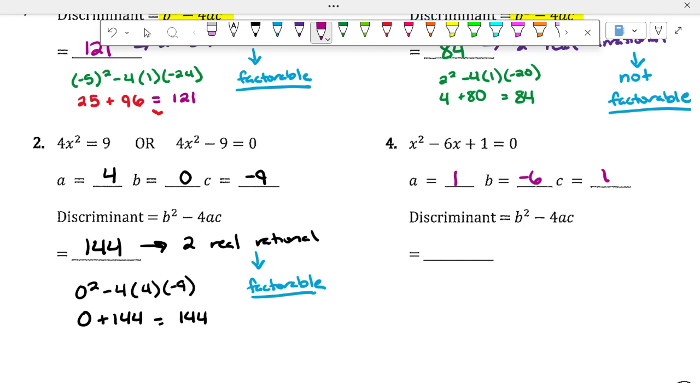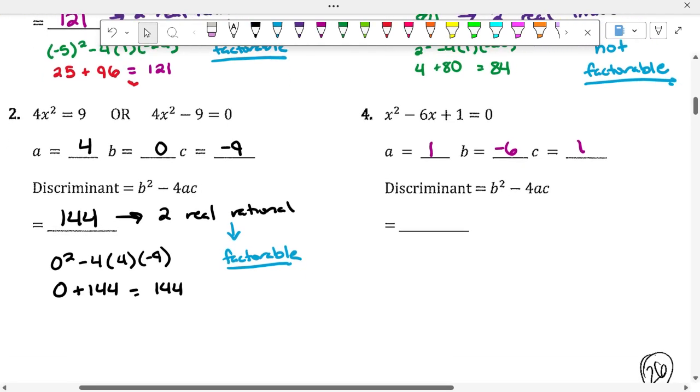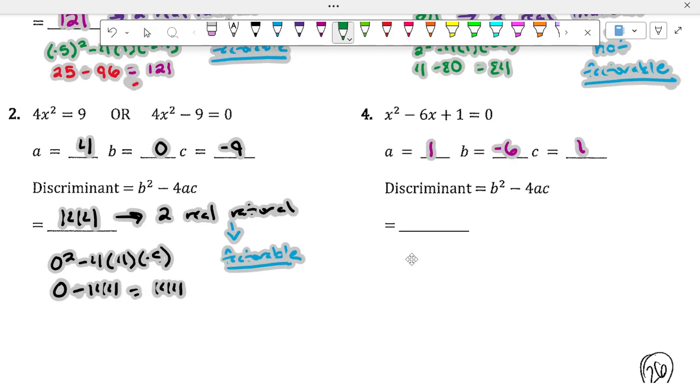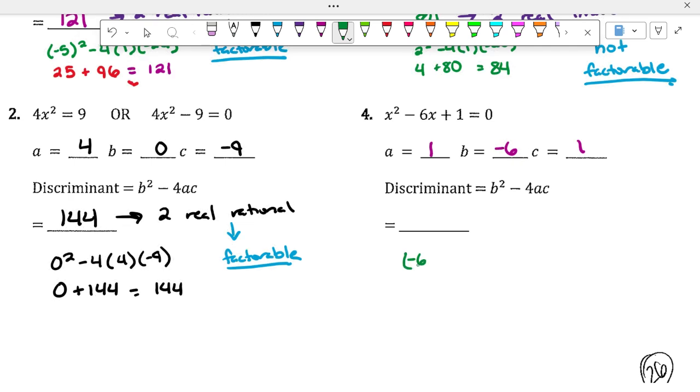So you're checking the discriminant of those 2. Make sure you're using the one that's already in standard form, or in other words, equal to 0, to get your A, B, and C. Plug it into the formula and see what type of solutions you get. Also, if you're squaring a negative, especially if you're using a calculator, make sure you put parentheses around that negative number. Heads up.